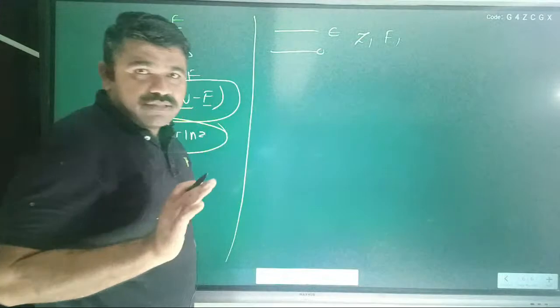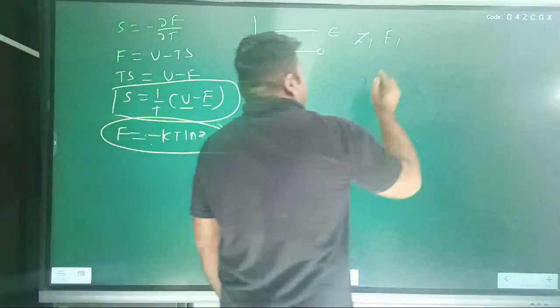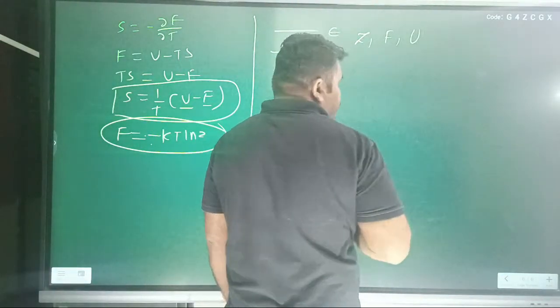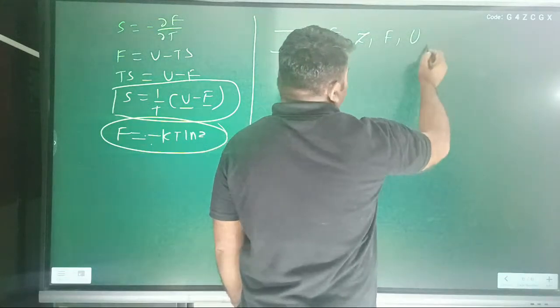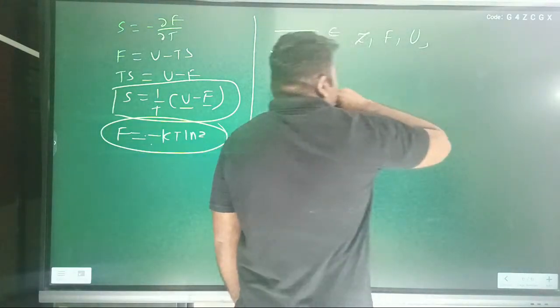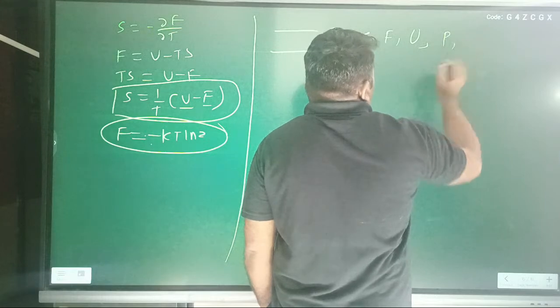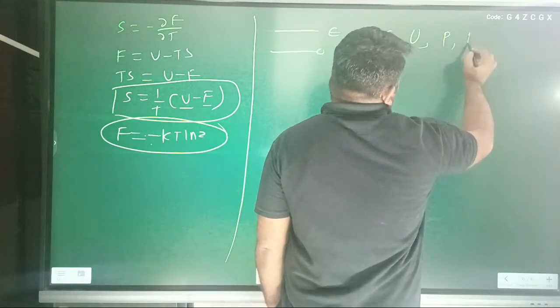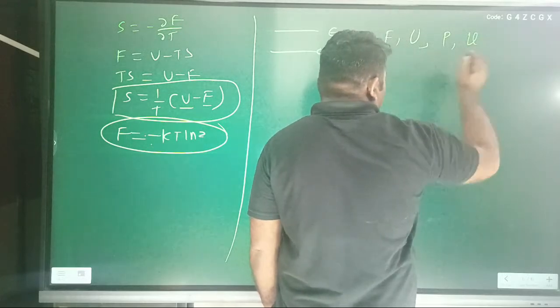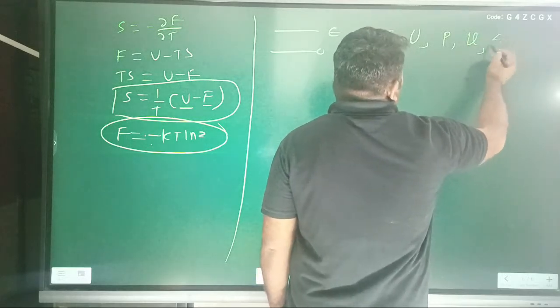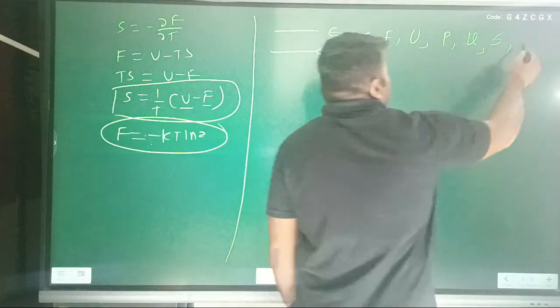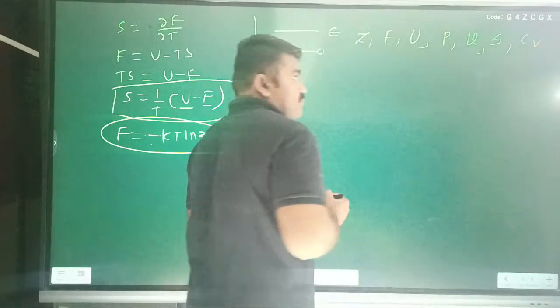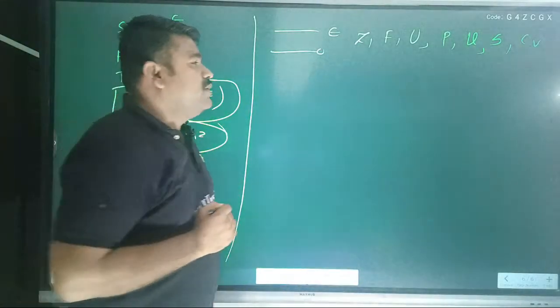These are general questions. They also ask to find out the average energy or internal energy of the system. Next they ask what is the pressure of the system, the chemical potential of the system, the entropy of the system, and the CV of the system.